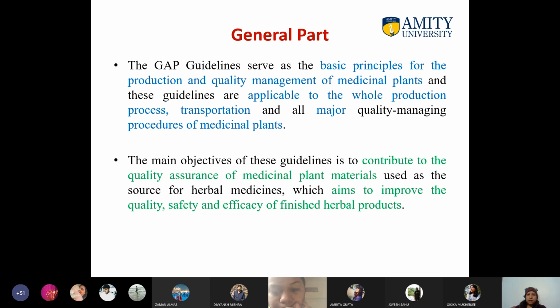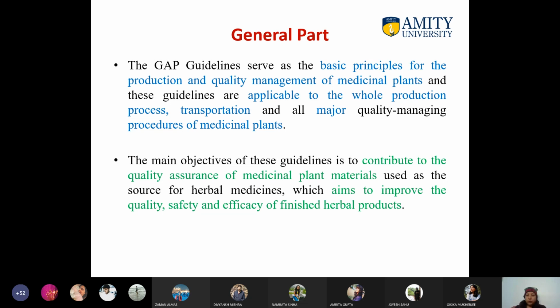So these guidelines start right from the cultivation process, generally from the selection of the production site, where you would be selecting a particular area for the cultivation of a particular medicinal plant. कैसी वहाँ पे सॉइल होनी चाहिए, कैसे क्लाइमेट होना चाहिए.